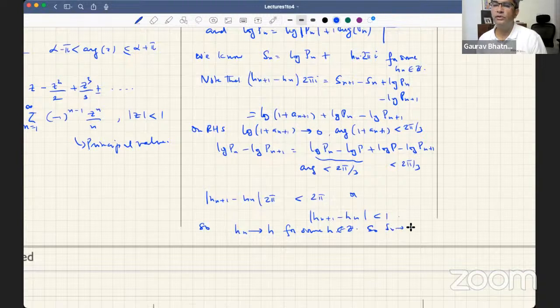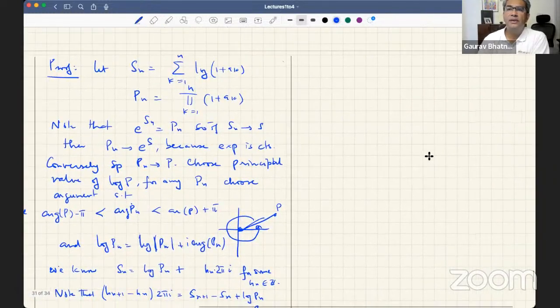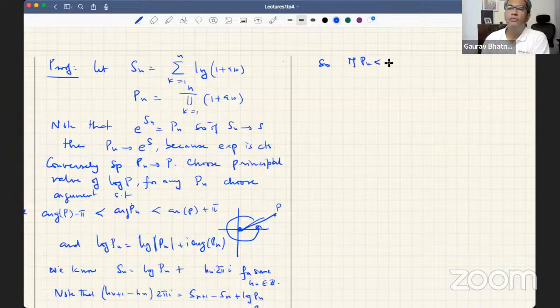So S_n converges to log of P plus 2h pi i, and that does it. So what we are saying is, if P_n converges, so does S_n.